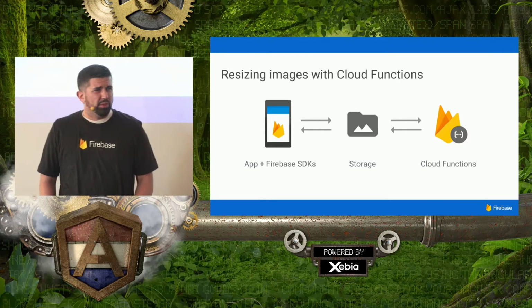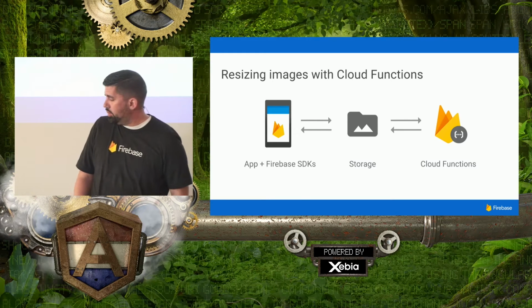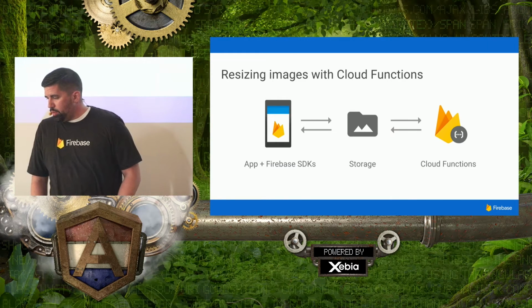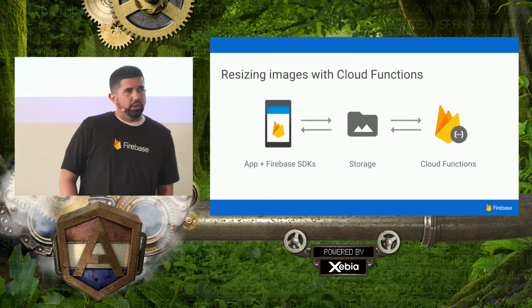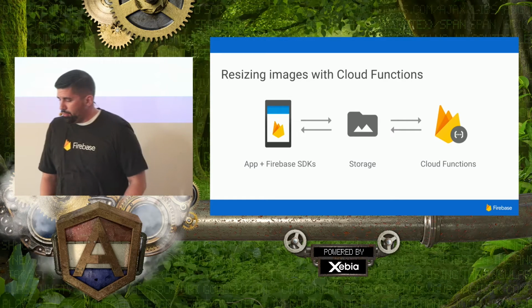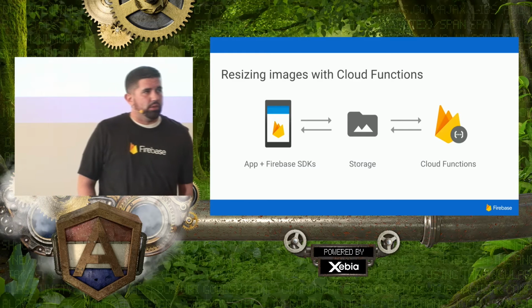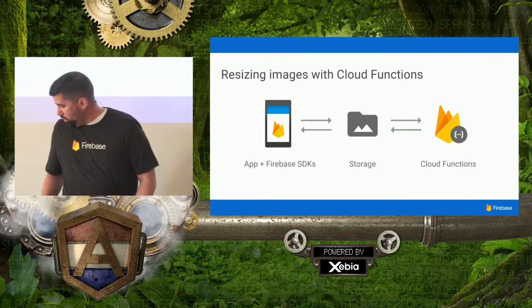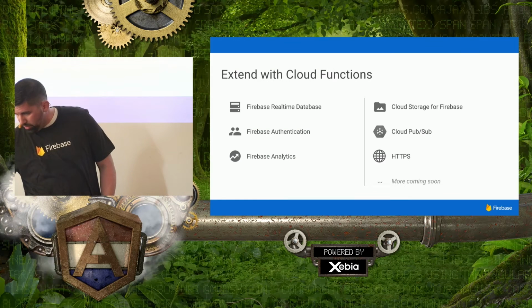May or may not be secure, might have VM issues and memory management. But with Cloud Functions, you're pushing it to storage, and there's a trigger you can configure that once triggered, the Cloud Function will go in, grab the image, resize it and stick it right back into storage for you. Totally secure and tightly integrated.